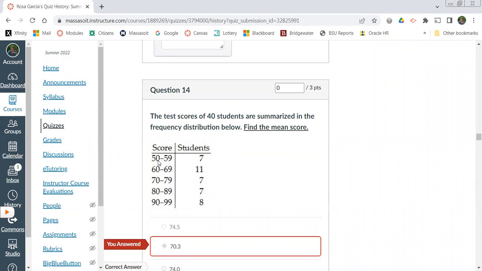Was it 4 people at 50? Was it 5 people at 52? Was it 6 people or 3 people at 58? You have no way of knowing. So to cut your losses, you just say, I'm going to use the midpoint of that interval and say 7 people scored that. That's the best you can do because you don't have the raw data. Okay, that's perfect.